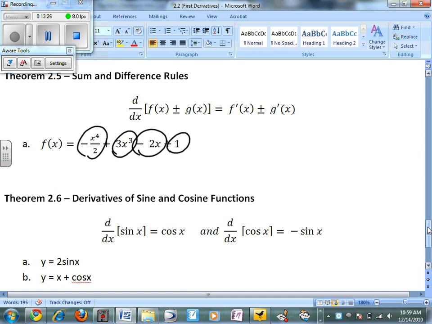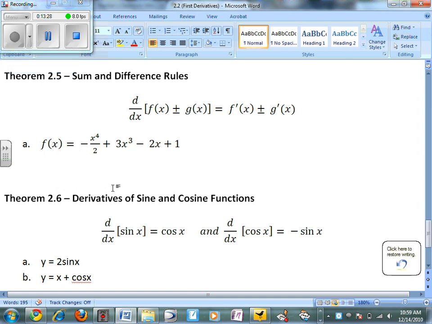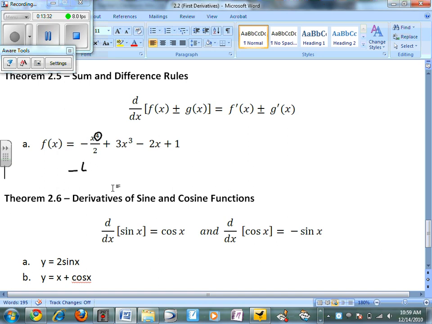So for a here, we drop down our exponent, so we'd have a negative 4x cubed all over 2, and that would cancel out to be a negative 2x cubed, right? Plus, we bring down our power and multiply, so it'll be 9x, and subtract 1 from the exponent, squared. And again, bring our 1 down. 2 times 1 is 2.